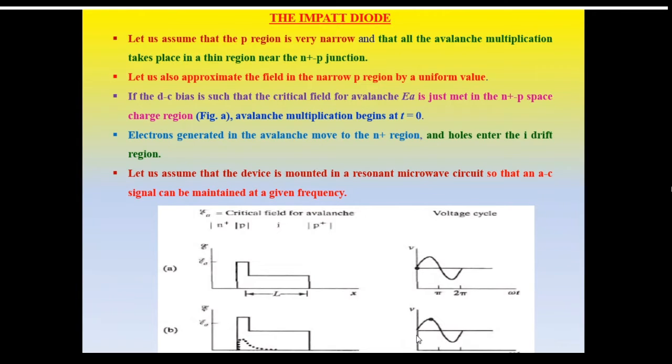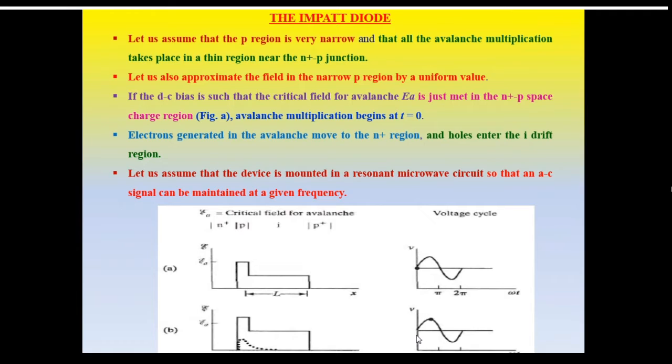Initially, at the n plus p junction, we have avalanche multiplication. The electrons generated due to that avalanche move to the n plus region, and holes enter the I region, the drift region.